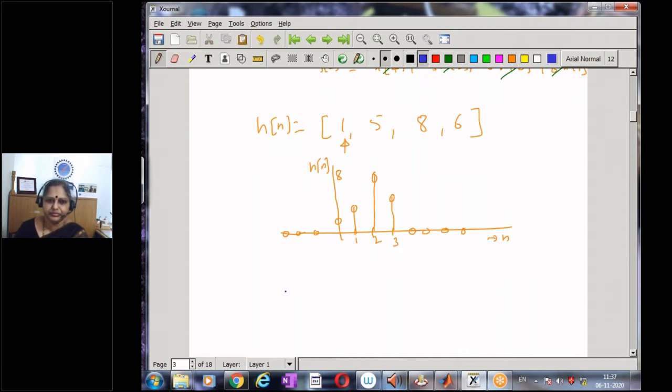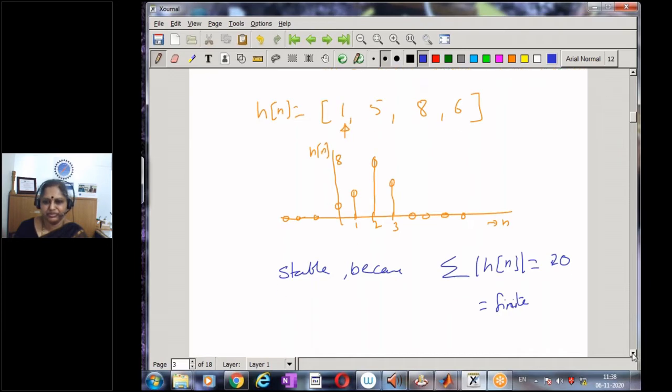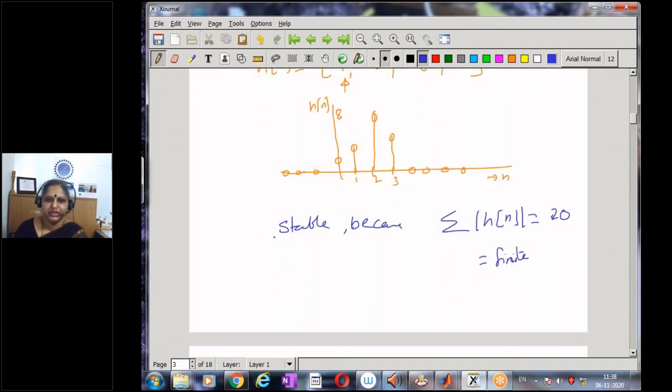One is the system is stable because sigma mod h of n is equal to 1 plus 5, that is 6, 6 plus 6 is 12, plus 8, that is 20, that is finite, and hence, because the impulse response is absolutely summable, the system is stable. This is one observation we make from the impulse response.